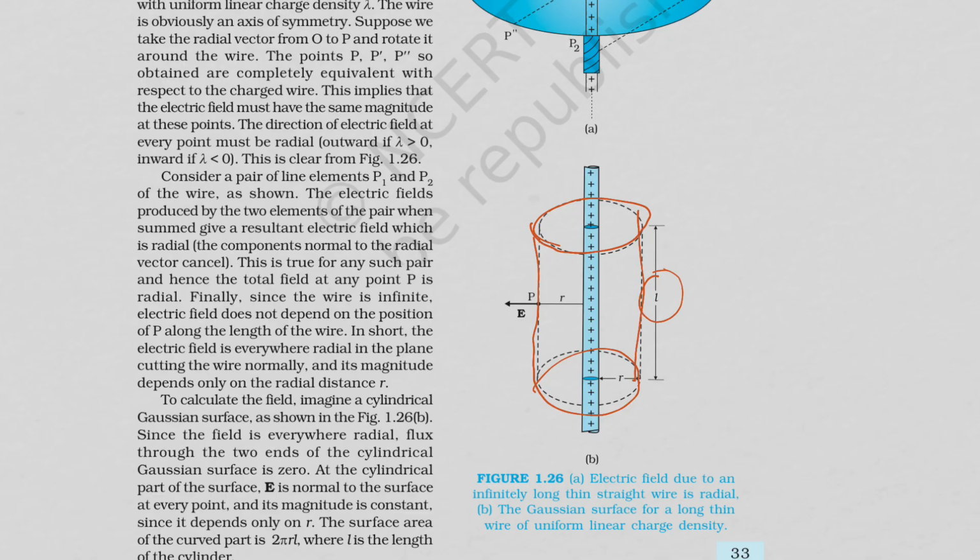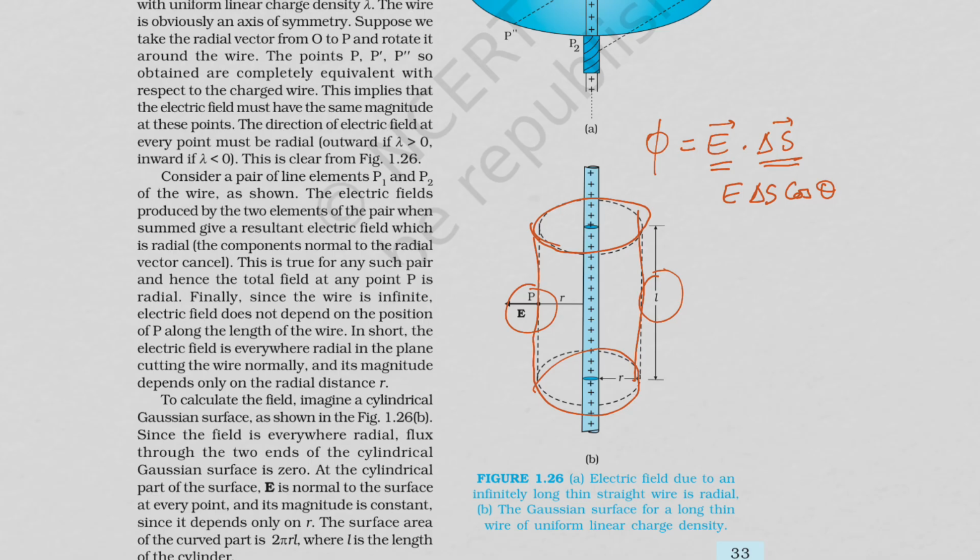Now we know that the electric flux phi is E dot delta S at point P, where the area vector is multiplied by the electric field. When we apply Gauss's law, this E dot delta S would be E S cos theta.